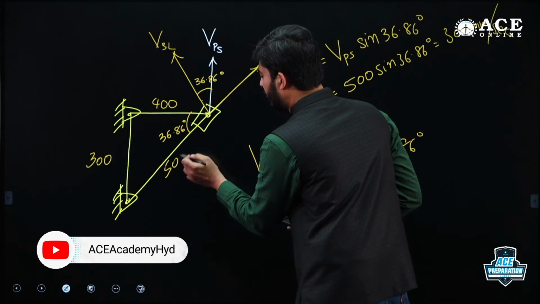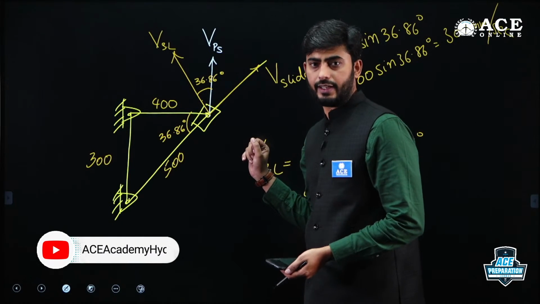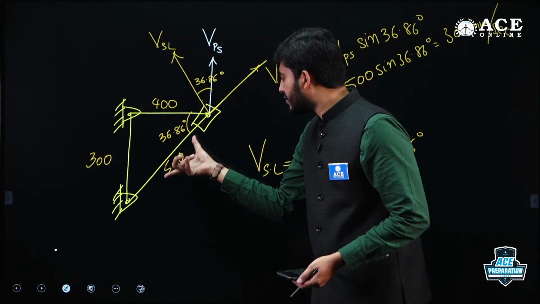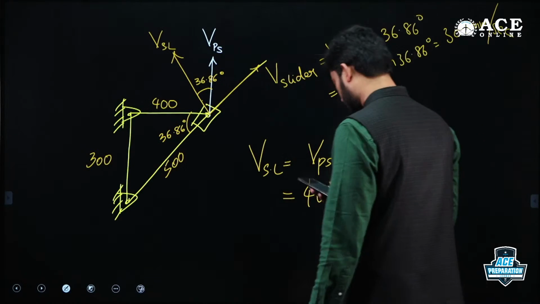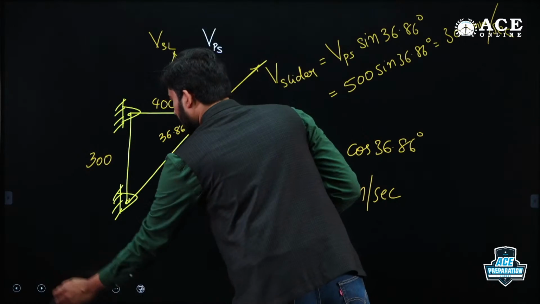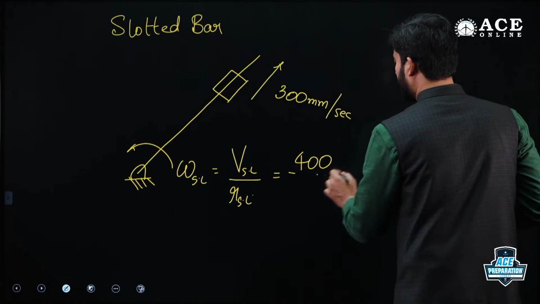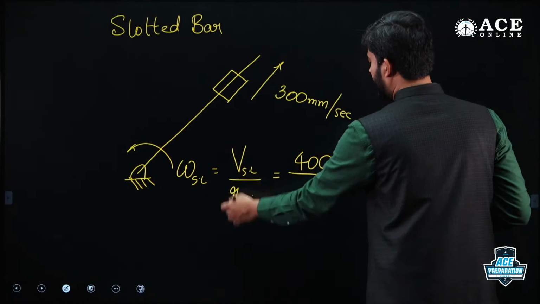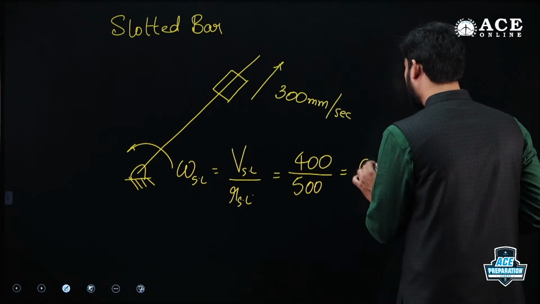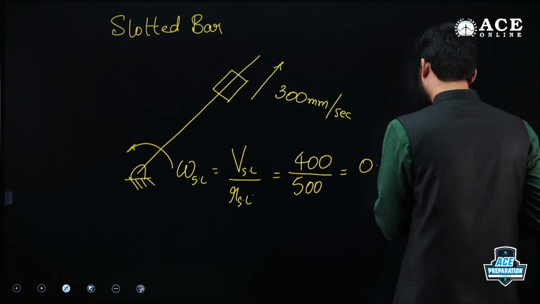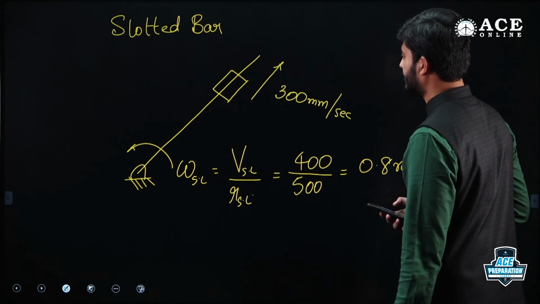It is 500, the radius of this slider, correct? So velocity will be radius into angular velocity. That is 400 is the velocity of the slotted bar, the radial distance is 500, so that is 0.8 radians per second.